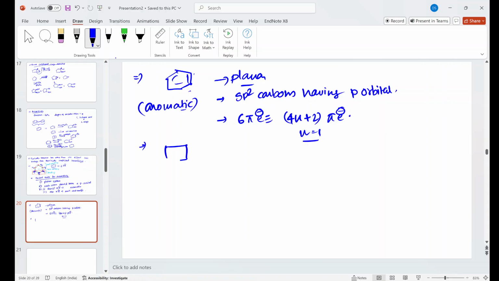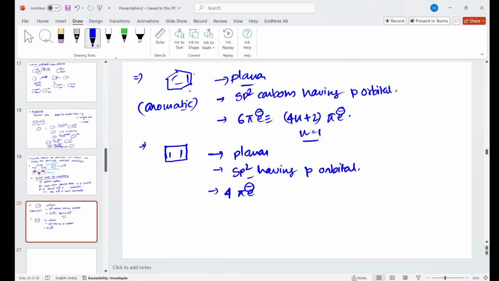Say for cyclobutadiene, this structure. This is planar, right? This is sp2 having p orbitals. But now in this case, you can see there are a total of 4 pi electrons, and that means 4n.